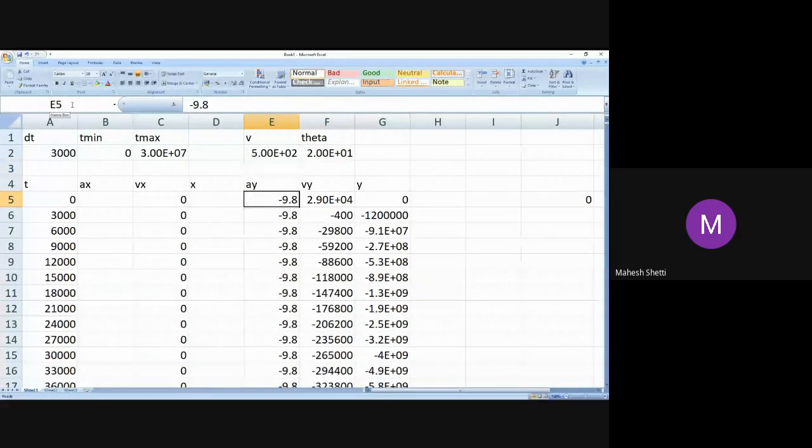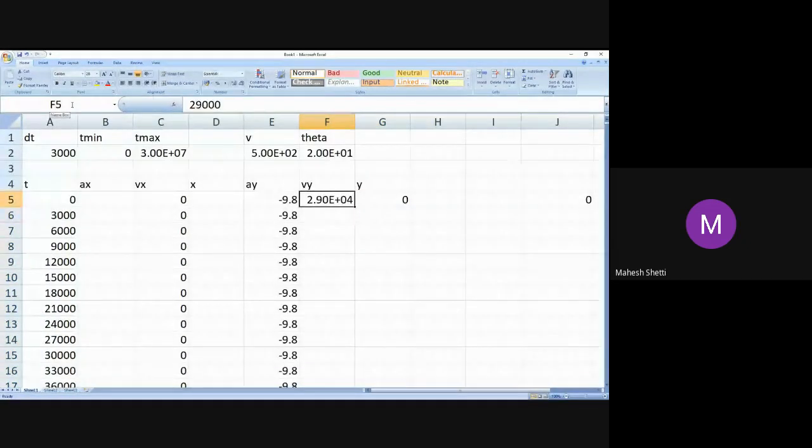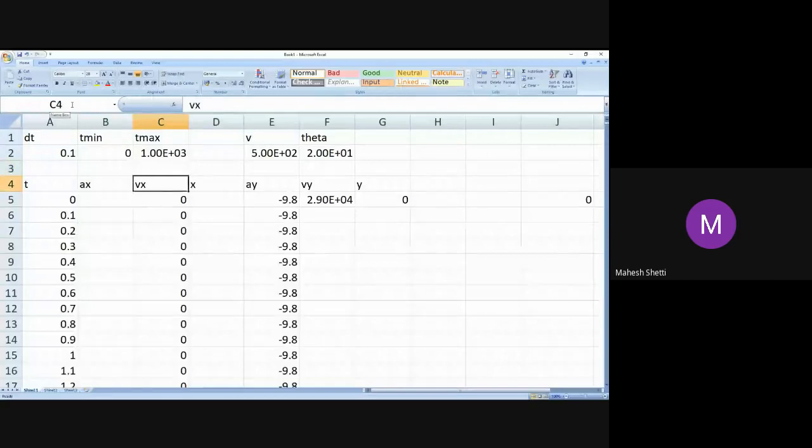Now let me quickly calculate all these things. Time is very large, so I have to think about how much time is going to be sufficient, and we will employ a different scheme. Let me first write the initial values of velocity.